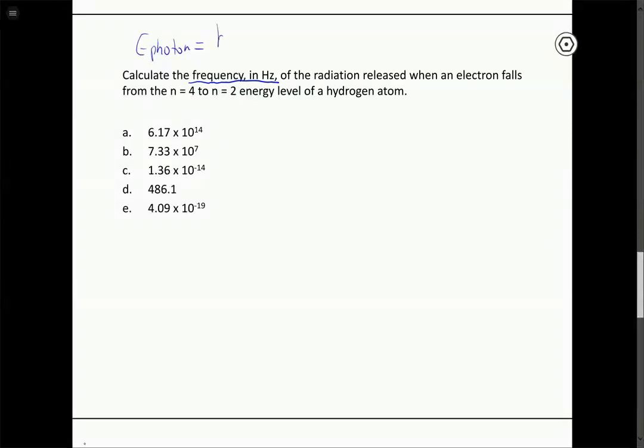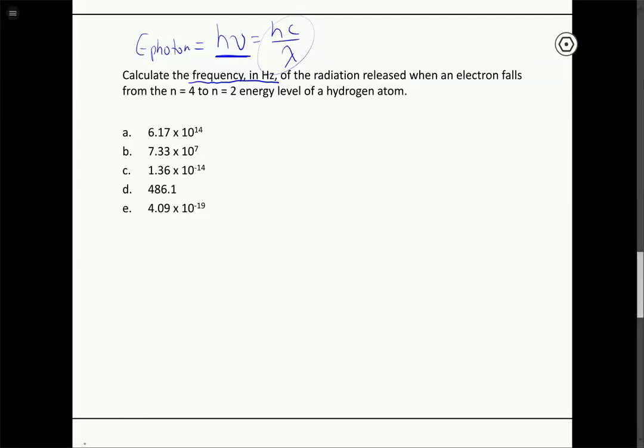The simpler equation is just h times the frequency, but we can also rewrite that as h times c over lambda. We used the second form in the previous problem, but this time we're going to use this form to convert energy into frequency. It's again a separate step, but one that doesn't require a whole lot of math. It's just dividing by a constant.